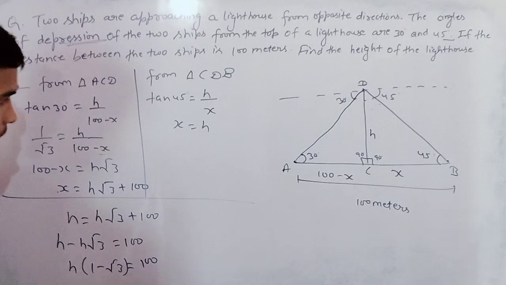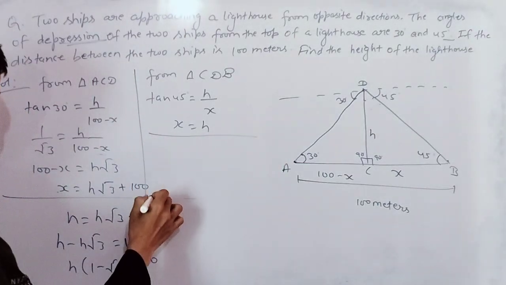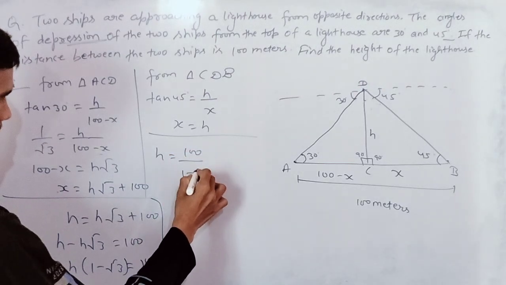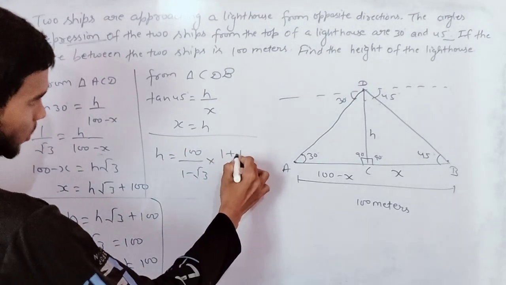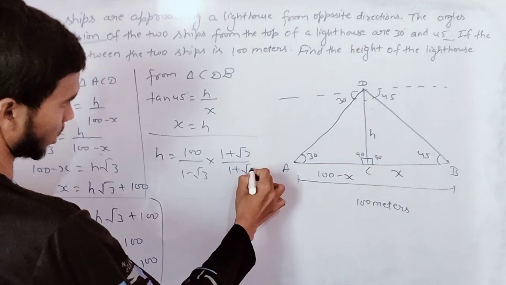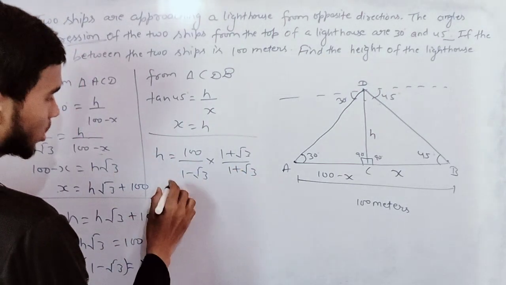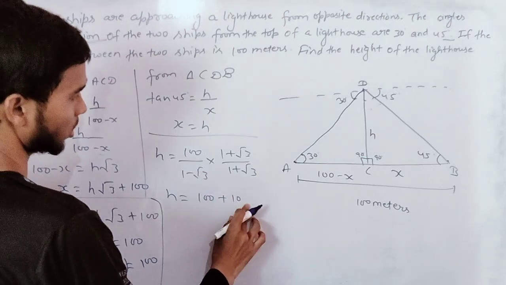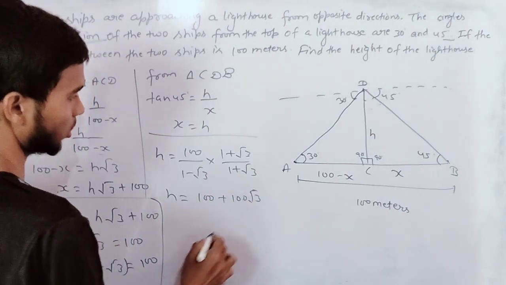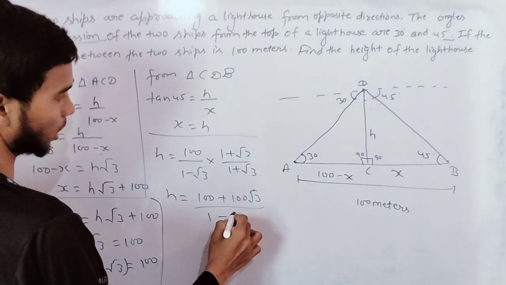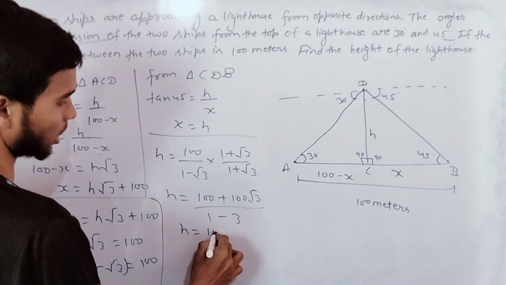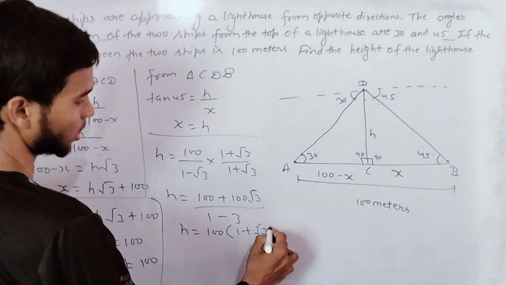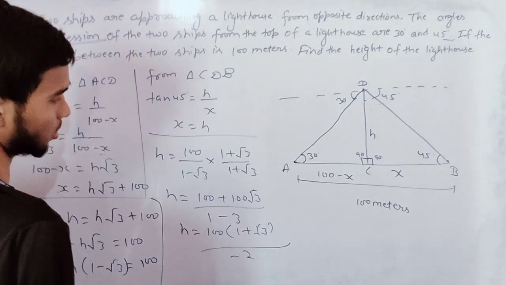Now here you can see h is equal to 100 upon 1 minus root 3. Multiply by 1 plus root 3. Here 100 plus 100 root 3 over 1 minus 3. 100 is common, 1 plus root 3 upon 2 minus 2.